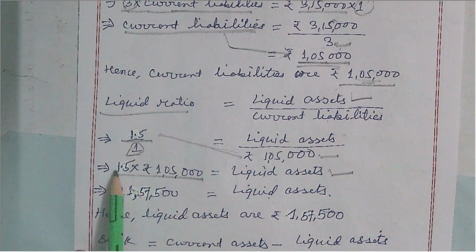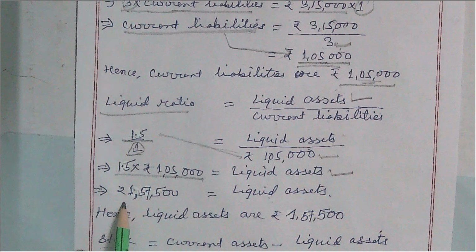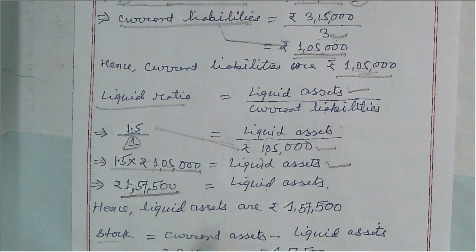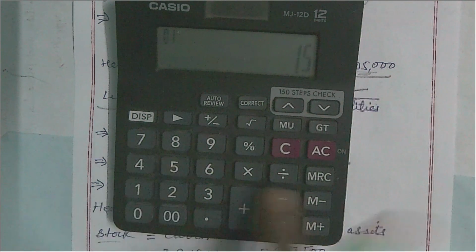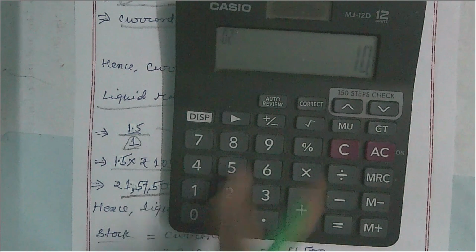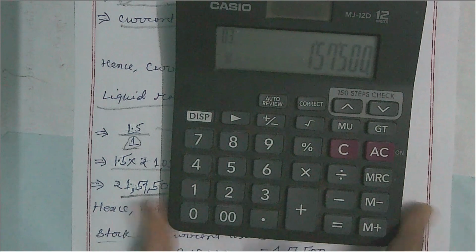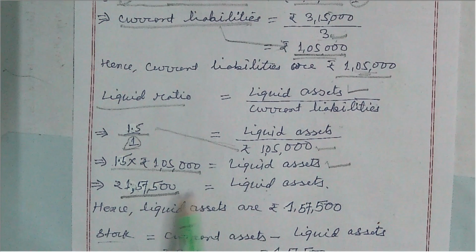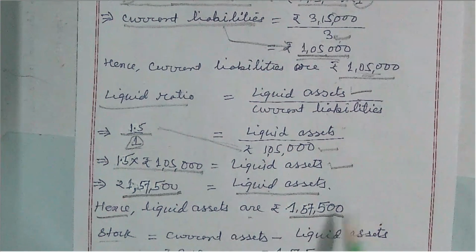When you multiply 1.5 into rupees 1,05,000, you will get 1,57,500. So this 1,57,500 represents liquid assets. Hence liquid assets are rupees 1,57,500.